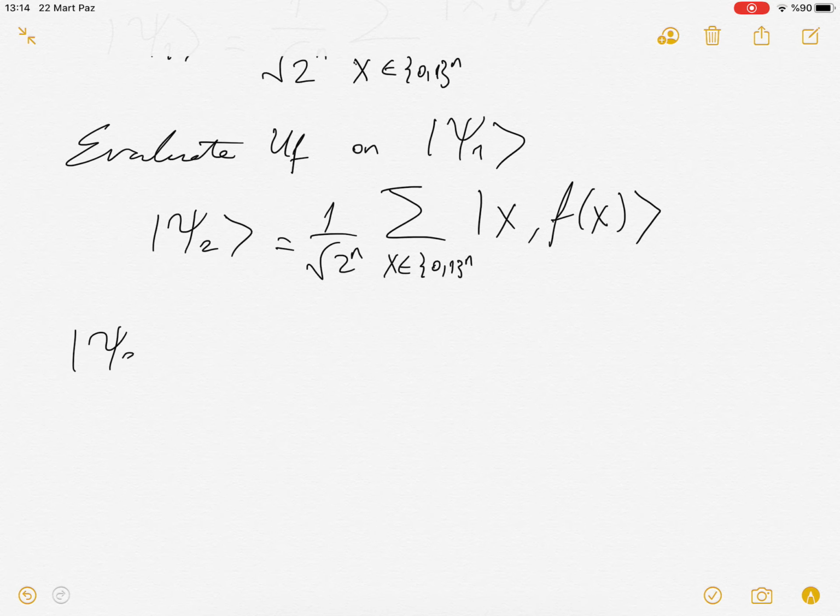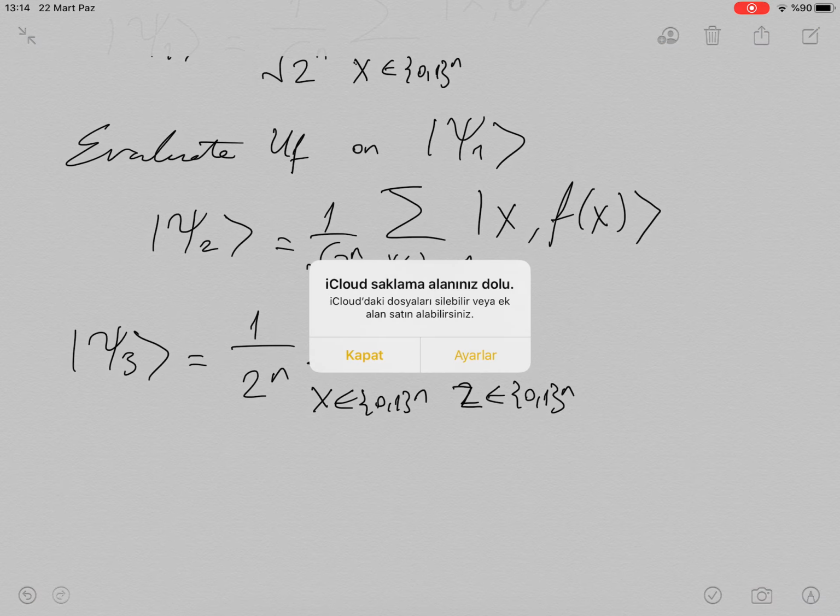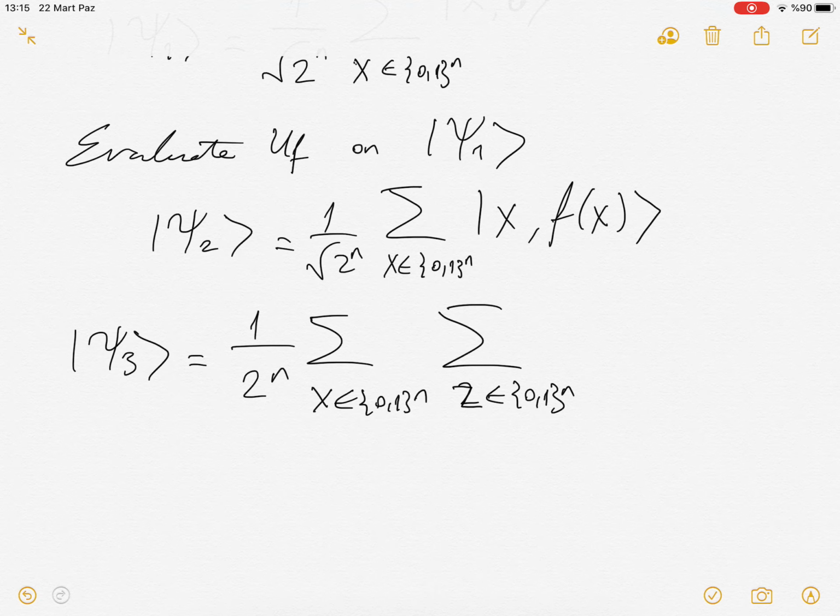So then psi 3 will be equal to 1 over 2 to the n, summation over x in {0,1}^n, and then summation over z in {0,1}^n, and then we have minus 1 to the power x times z phase.